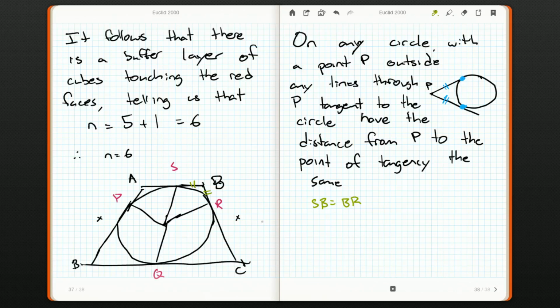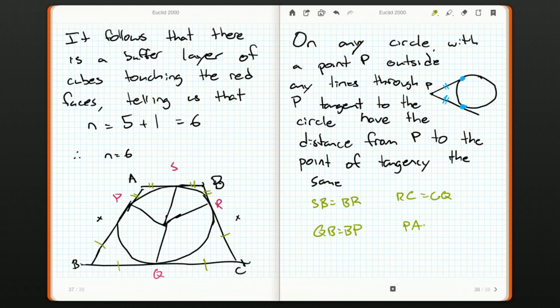Okay, and RC is the same as CQ. And we can also get these points out here. And it turns out that by symmetry, we're also going to have QB equal to BP.